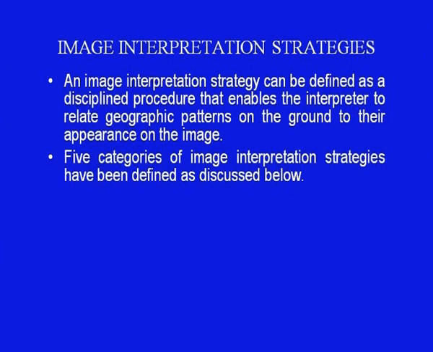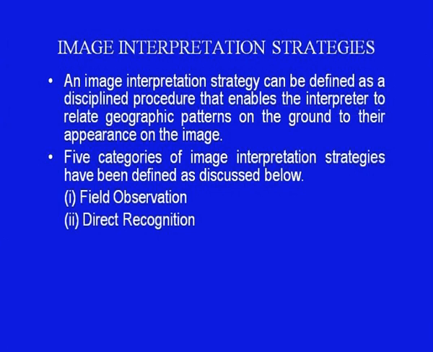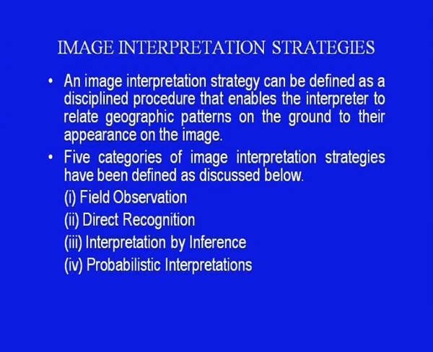Five categories of image interpretation strategies have been defined, and these are field observation, direct recognition, interpretation by inference, probabilistic interpretations, and deterministic interpretations. So, let us look at each of these categories of image interpretation strategy one by one.